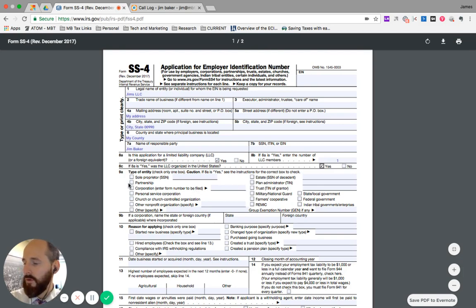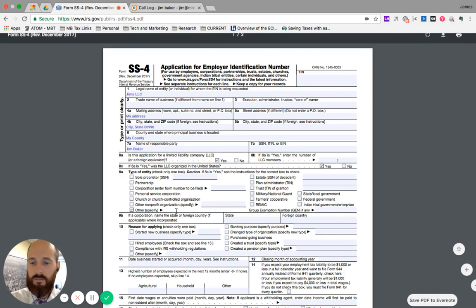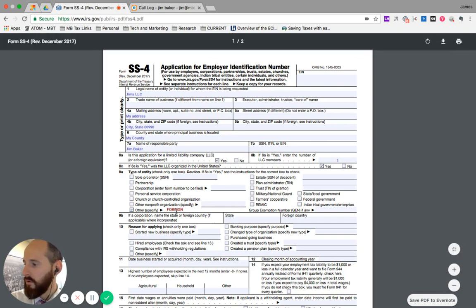And down here, if you had multi-members, if you had two, you'd put a partnership. But because it's not, the other, you're going to specify exactly what this says. It's specifically foreign-owned US disregarded entity.